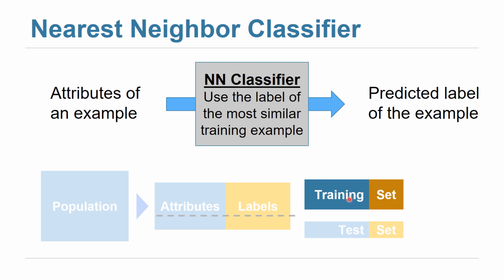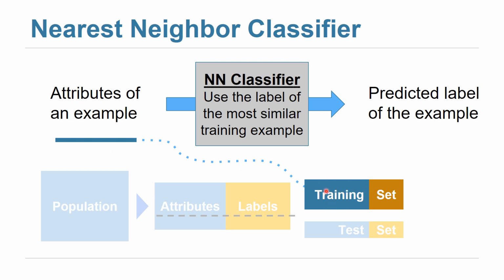So we have training data here. We are given a new example. So we will take that example and try to find in the training set the most similar example, one that is very similar to the example that we saw here.